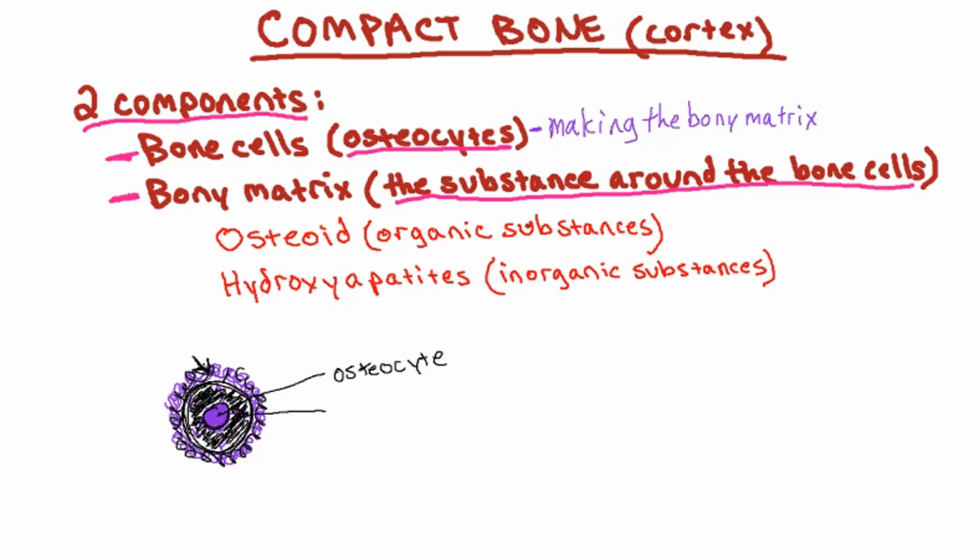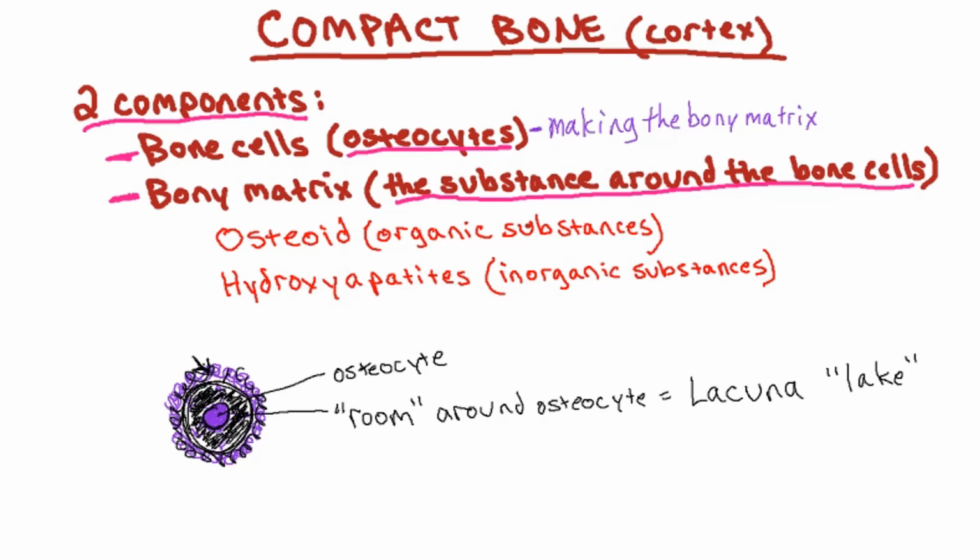Now all this black space, the room that is around the osteocyte, is called a lacuna. And lacuna literally means lake. I don't know where they got lake as a name for a room around a bone cell, but it is what it is.